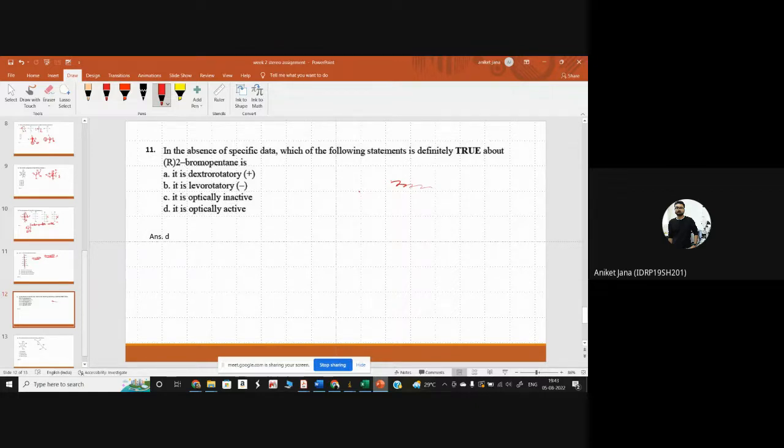So the molecule would be optically active. Yes. Can we say whether it is dextrorotatory or levorotatory, just by seeing the R2-bromopentane? Can we predict whether it is dextro or levo, D or L?